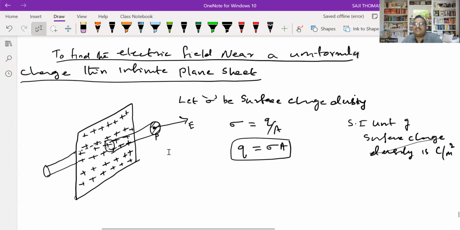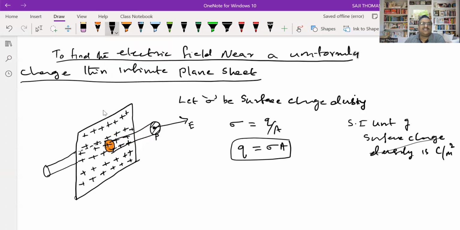Because to apply Gauss's theorem, we need a closed surface. When you consider this cylinder, some charge is enclosed inside. See, in this circular area, charge is enclosed. So we can apply Gauss's theorem to that cylinder. Instead of a cylinder, you can consider a cuboid also, no problem. Gauss's theorem is independent of the shape of the Gaussian surface. We already learned that.